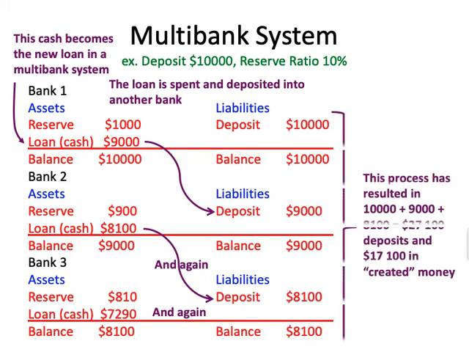And so if you look at the scenario, someone deposited $10,000, and in this process, we have $10,000 plus $9,000 plus $8,100. And just in a few steps, $27,100 have been deposited already, when in reality, only 10,000 real dollars was actually deposited into a bank.